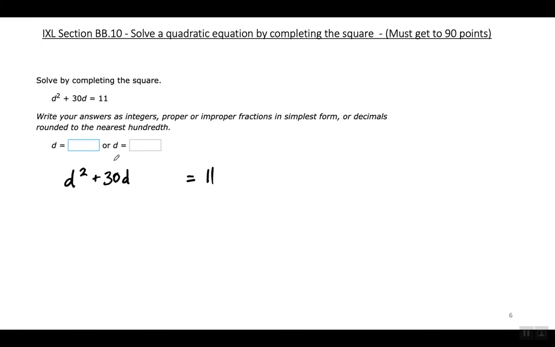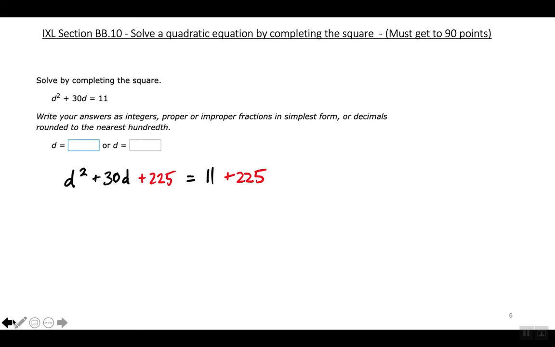To complete the square, we have to take 30 divided by 2 and square it. 30 divided by 2 is 15, and 15 to the second power is 225. Whatever you add to one side, you have to add to the other side of the equation.